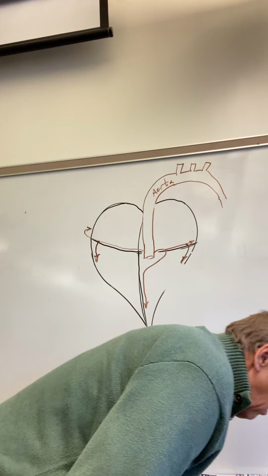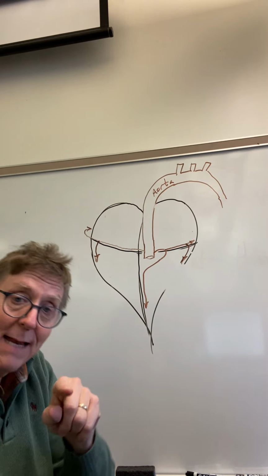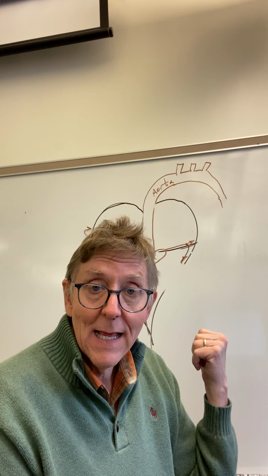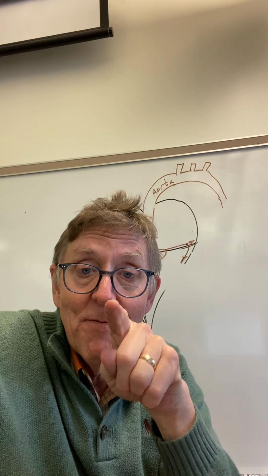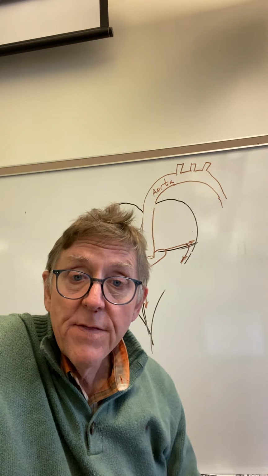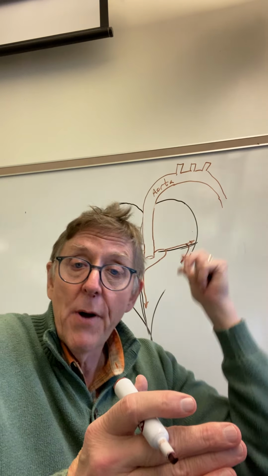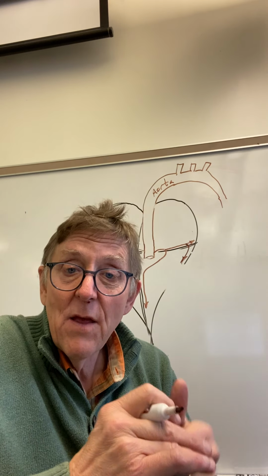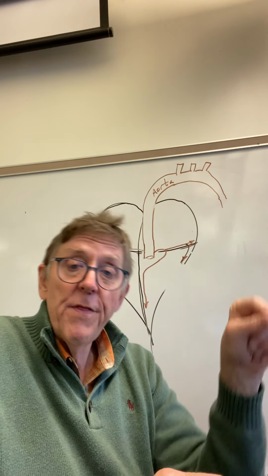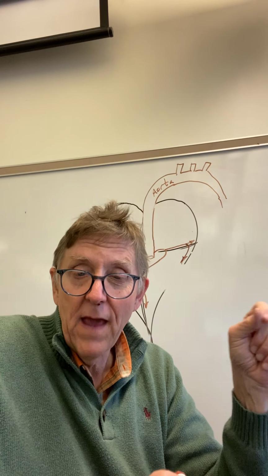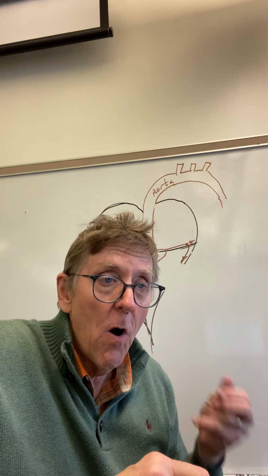So it's going to take care of the right side of the heart, and we said it's going out back. And there is a posterior interventricular artery that goes down the back side of the heart. So the right side and posterior of the heart is provided blood by the right coronary artery, while the left coronary artery takes care of the front of the heart and the left side of the heart.